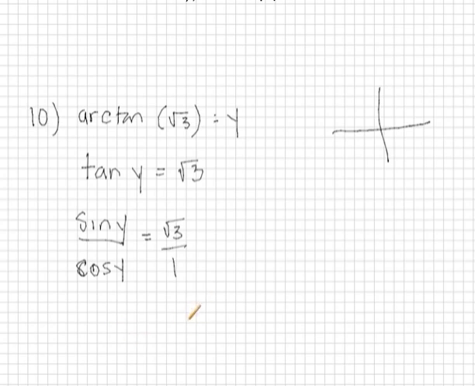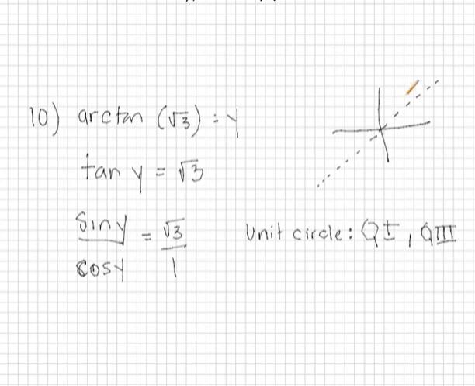So you're going to go to your unit circle and find the two places on your unit circle where when you divide sine by cosine, you're going to simplify and get rad 3 over 1. There's going to be two places. One of them is going to be in quadrant 1, and one of them is going to be in quadrant 3.